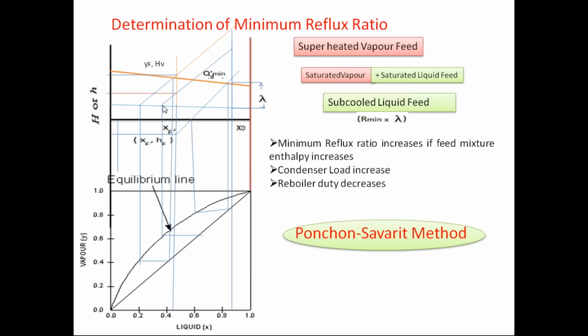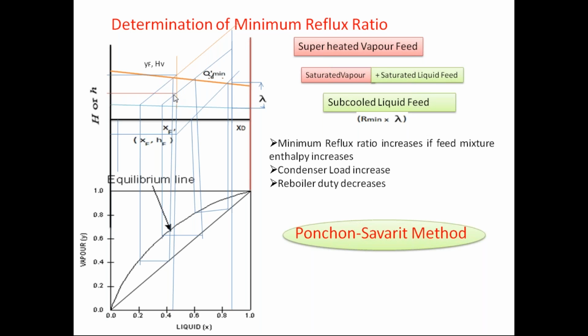So this is the feed enthalpy, which has both a portion of saturated liquid and a portion of saturated vapor. Then you can see this point and this point, when you draw them down, should meet on the equilibrium line. If you are unable to get that, just adjust these lines such that they will be meeting on this line. Such a pinch line you have to draw.